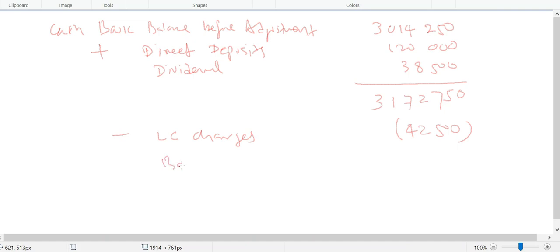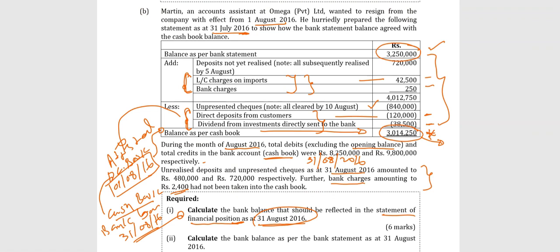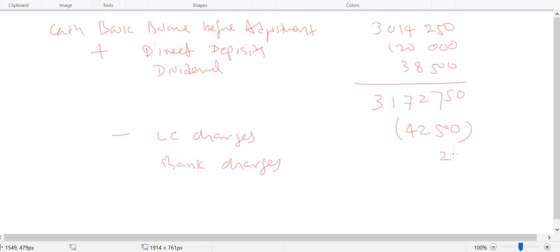And also there is a bank charge of 250. That also you will come to know when you receive the bank statement. So what should be the balance now? 3,172,750 minus 42,500 minus 250.